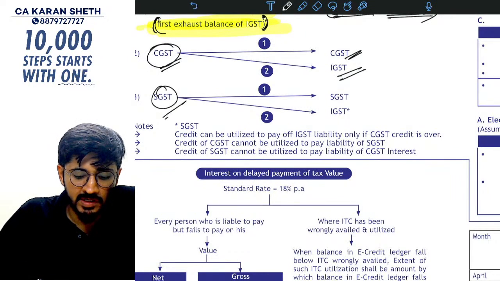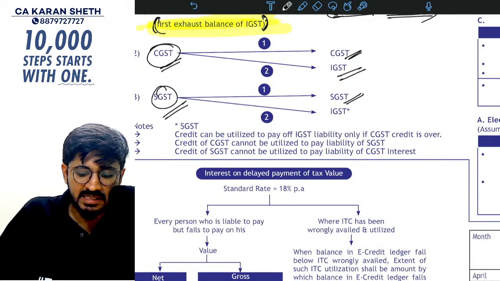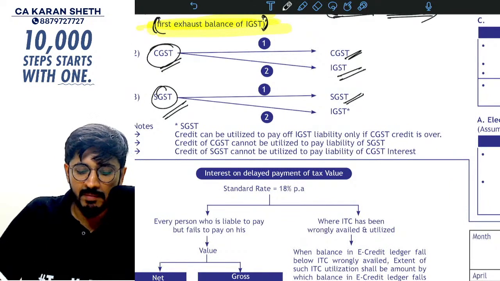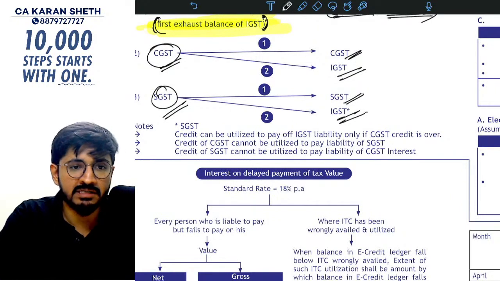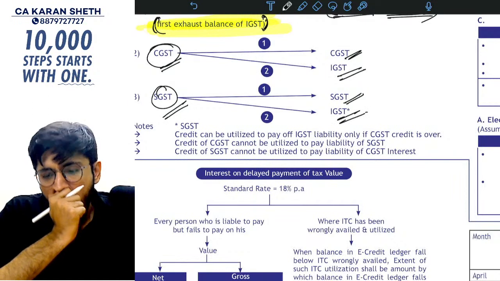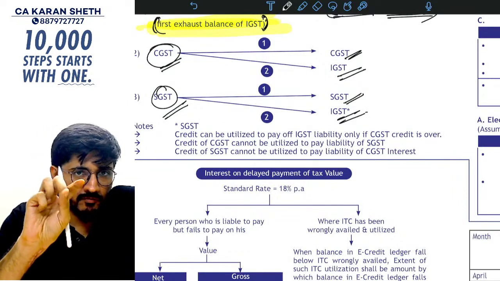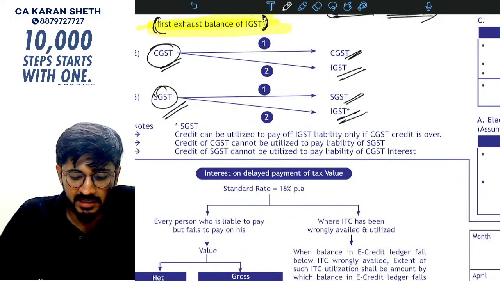Same goes for SGST. You pay off SGST liability, and if you still have the balance left for SGST, you use it to pay off IGST. Now there is only one condition in this.